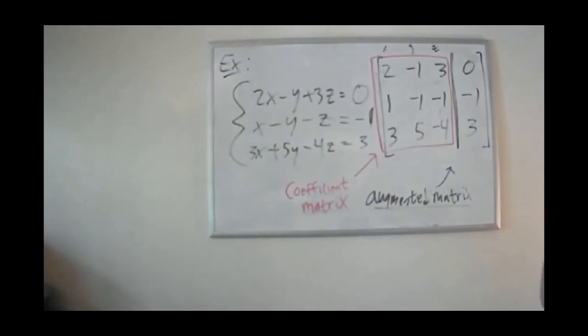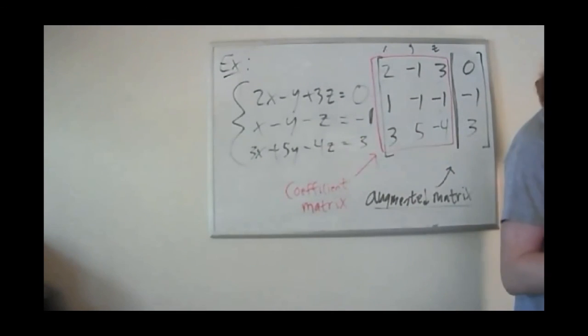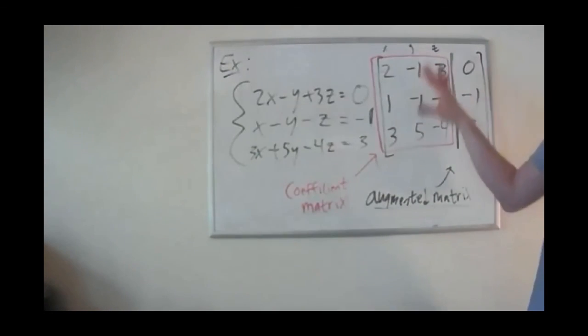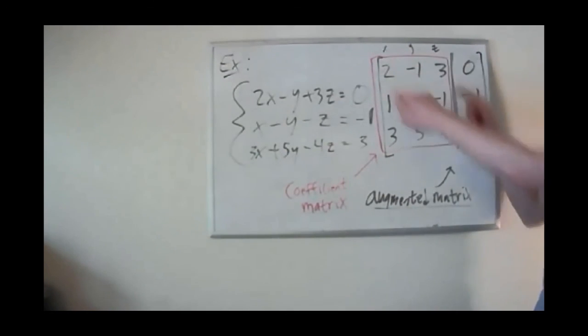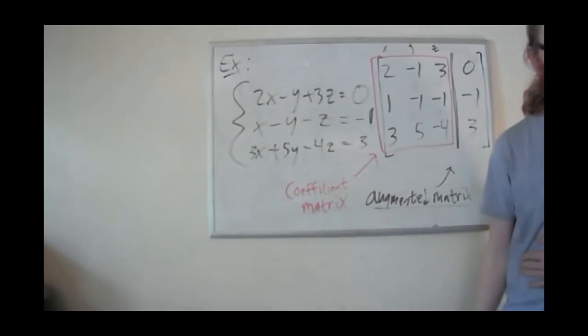And so we might refer to the stuff to the left of the bar as the coefficient matrix. This is another piece of terminology that your book uses, and it might pop up as we look at some of this stuff, and I might need to use it occasionally. So the whole thing is an augmented matrix. This little piece to the left of the bar is the coefficient matrix.